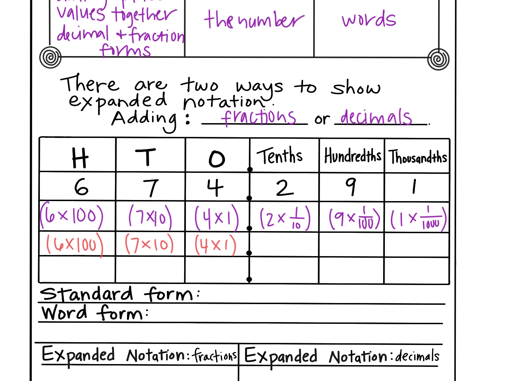This time, instead of writing 1/10 as a fraction, I'm writing it as a decimal. So it's going to be 2 times 0.1. The next one will be 9 times 0.01. And the last one will be 1 times 0.001.